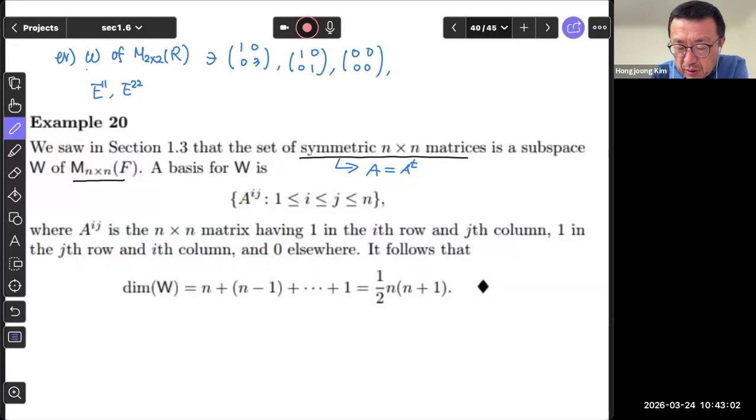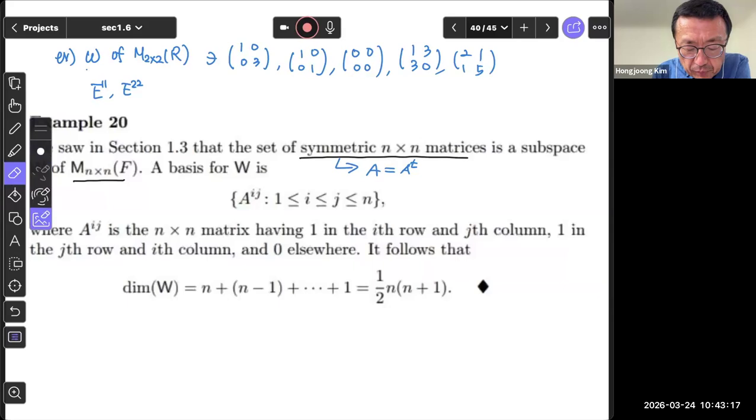Symmetric means, so we have 1 3 3 0 and 2 1 1 5. They are all symmetric matrices, of course. Now, if I consider E to the 1 1, E to the 1 2, E to the 2 1, E to the 2 2.